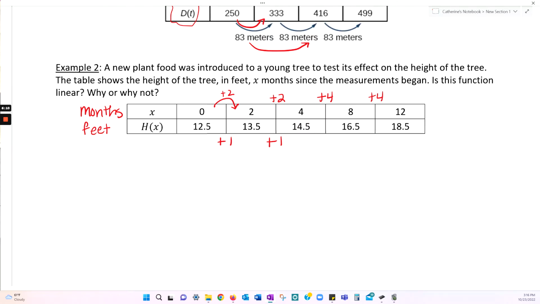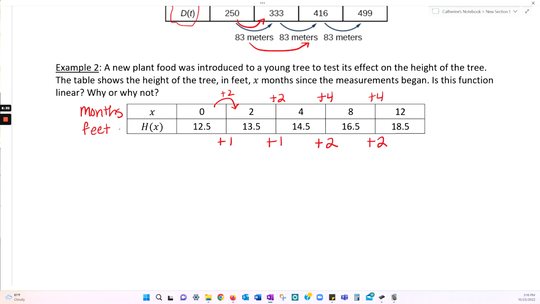Let's go back to what we actually have and see if we can tease out what happens if we switch to just looking at every 4 months. So I don't know if they just got lazy measuring the tree or forgot, but anyway, from 14.5 to 16.5, this tree is growing 2 feet, and then again, it's going to grow 2 feet.